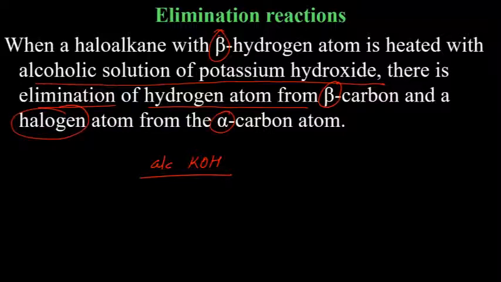Alpha carbon is the one on which the halogen is attached. The adjacent carbon is the beta carbon, and the hydrogen on that adjacent carbon is beta hydrogen.